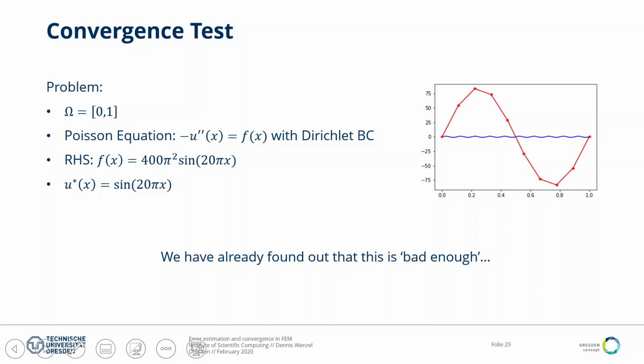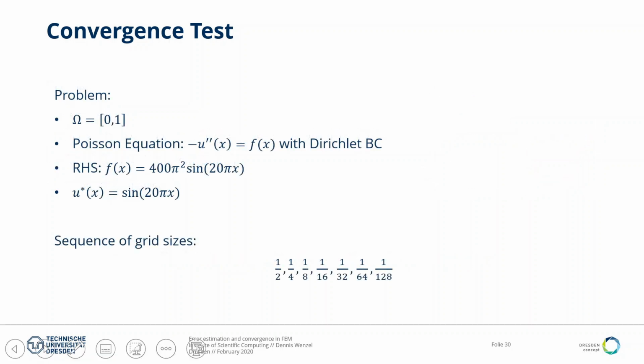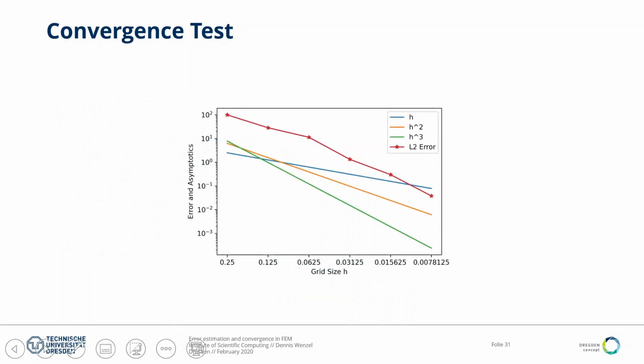And then we do exactly what I've just said. So I'm choosing the sequence of grid sizes from 1/2 up to 1/128. So this is following a simple exponential law. And I'm computing my error for each one of those grid sizes, and then I'm plotting this on the logarithmic scaling, and that's what you get here.